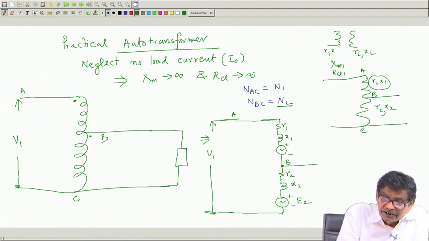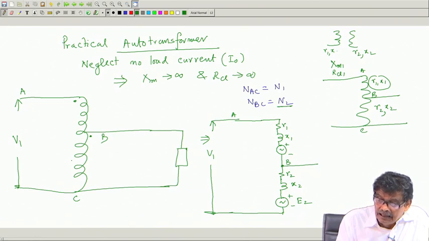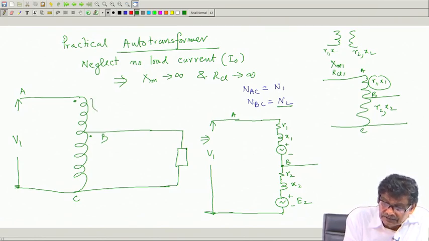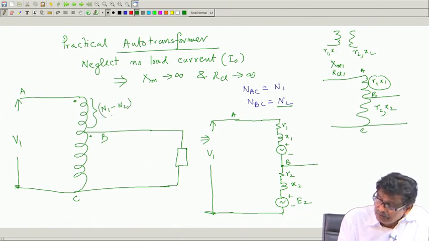And voltage per turn is fixed. How much is it? It is approximately V 1 by N 1, total number of turns. Number of turns here is N 1 minus N 2. So, what will be the induced voltage here?